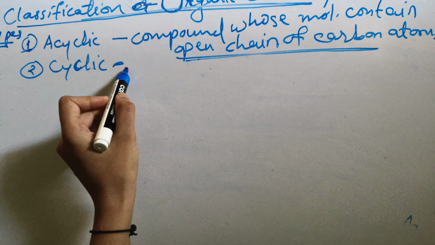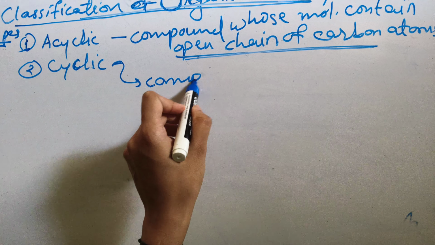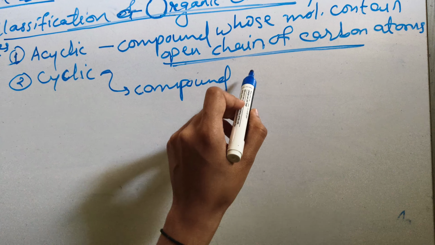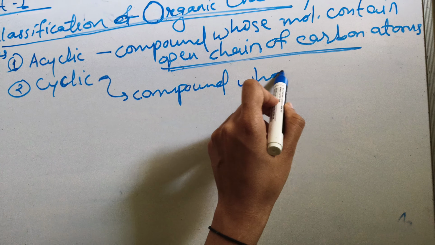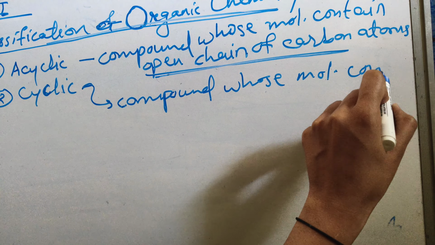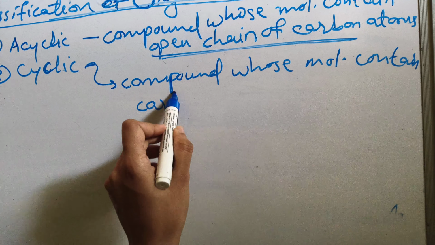Acyclic: a compound whose molecule contains a carbon chain only.